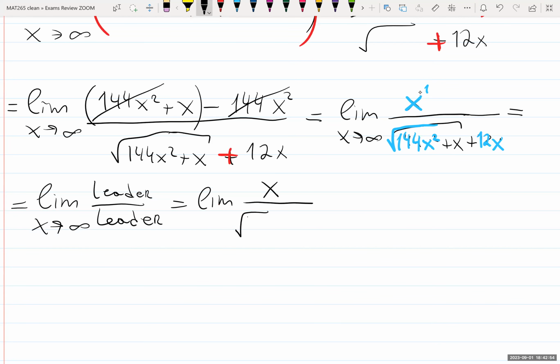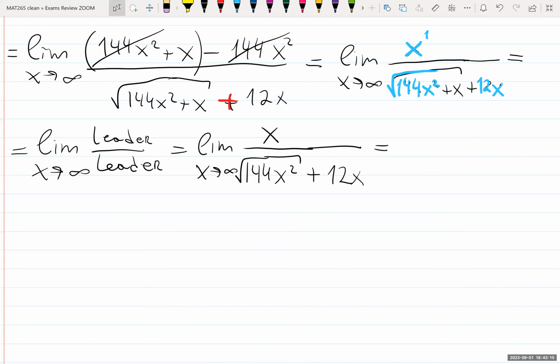So the leader is 144x squared. And just the leader of this additional piece, which is 12x, standing there by itself. We're keeping it because it has the same speed as the square root of 144x squared as x approaches infinity. This might be a little bit tricky, so let me finish and then you can ask a question. Now we can simplify that.